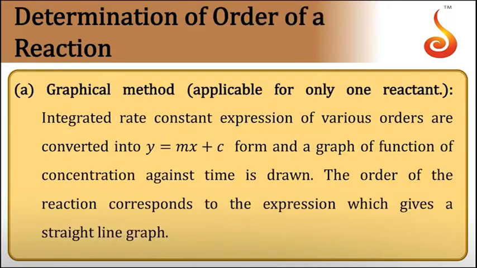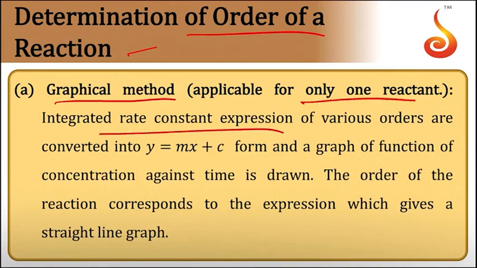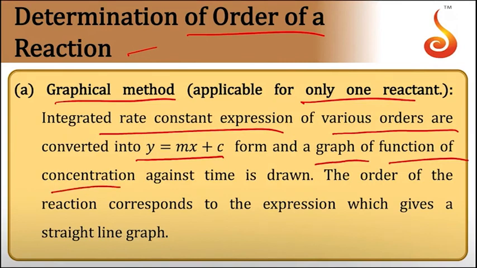The next, how to find out the order of reaction, various methods we have. First one is a graphical method, applicable only if you have one reactant. The integrated rate equation expressions of the various orders are converted into y is equal to mx plus c form, means straight line form, and a graph of a function of concentration against the time is drawn.